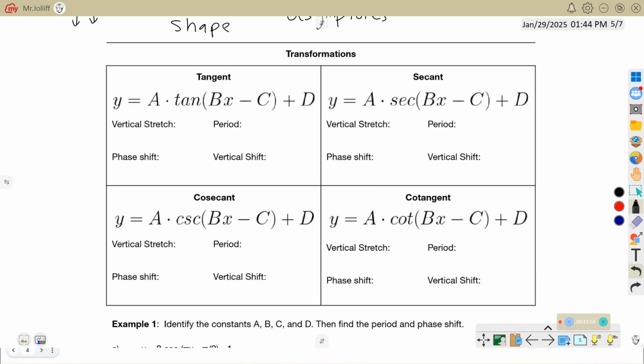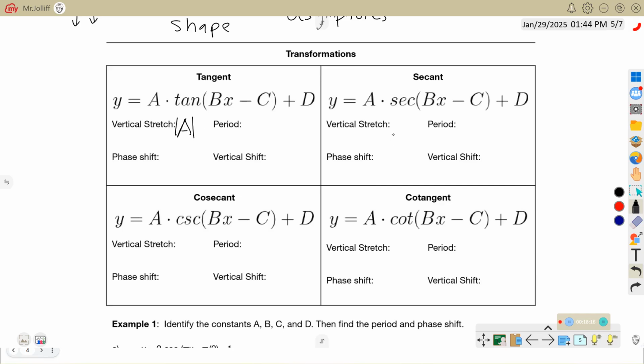So let's start with our vertical stretch. That's the guy that takes him and pulls him this way. We called it amplitude with sine and cosine because if I grab the peak and valley and pull, the peak gets higher. Here there aren't peaks, so it's just a vertical stretch for these guys.